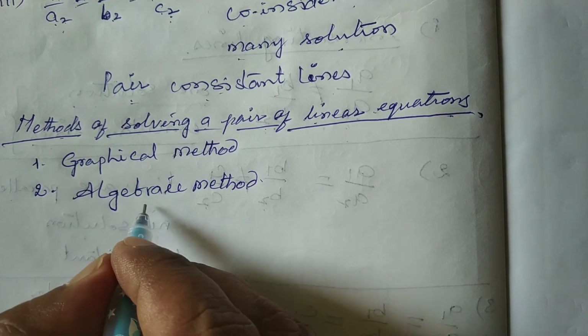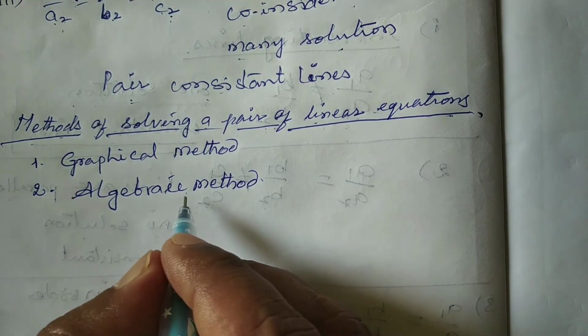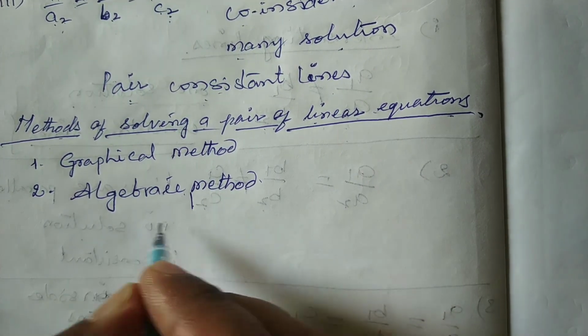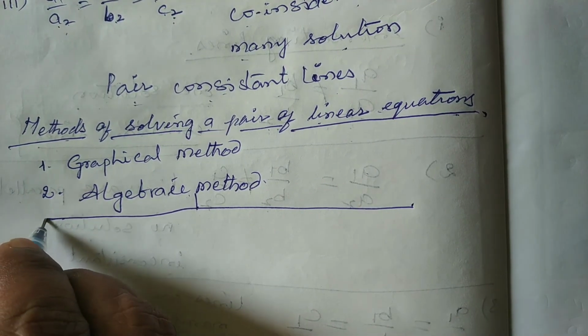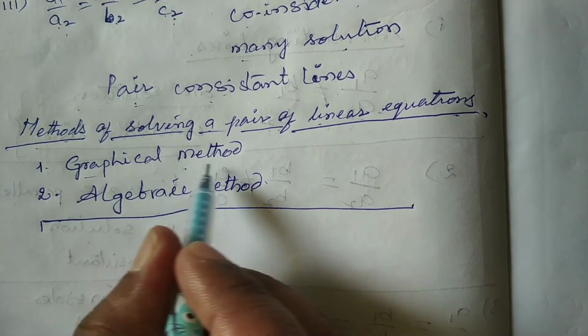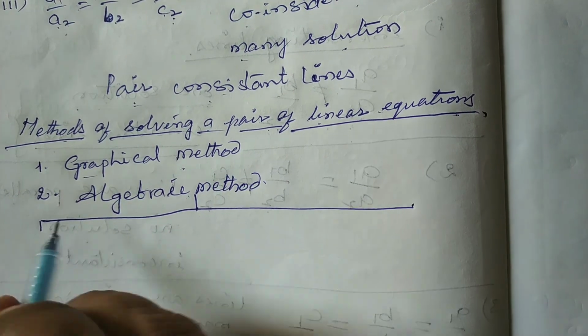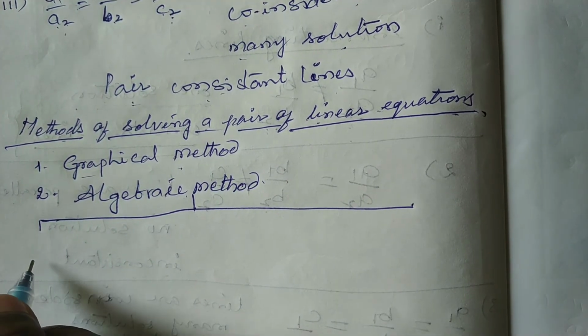In the algebraic method, again three methods are there. In the graphical method, only one method is there, and in the algebraic method, three methods are there.